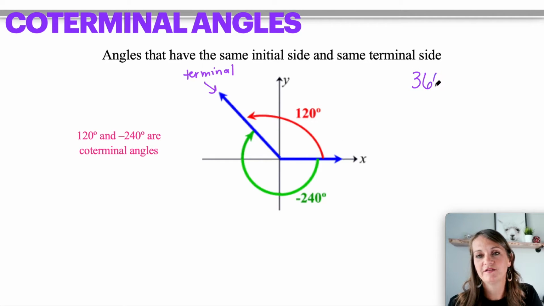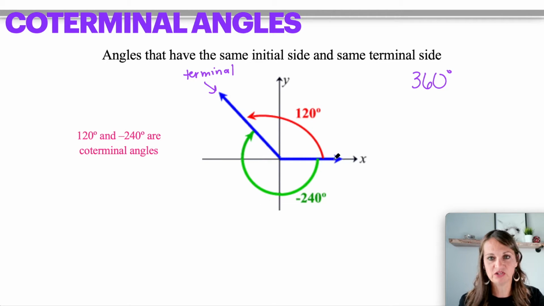Because one full circle around, if you go from initial side all the way to initial side again, you will have gone 360 degrees. So if we went 120 by going counterclockwise, then if you subtract that from 360 degrees, we would have gone negative 240.